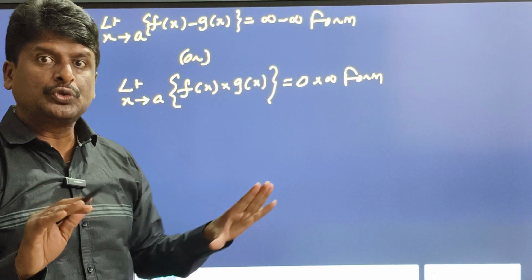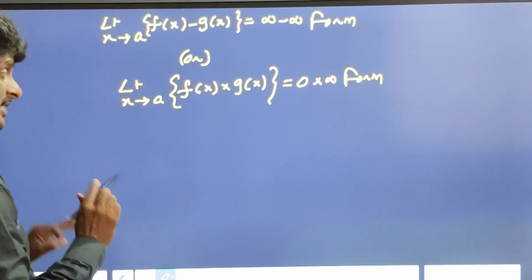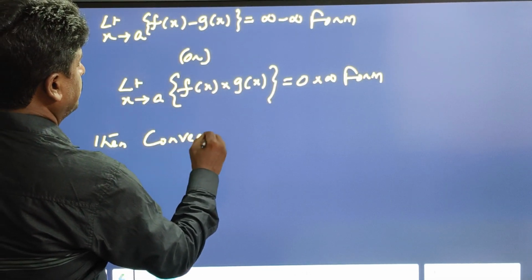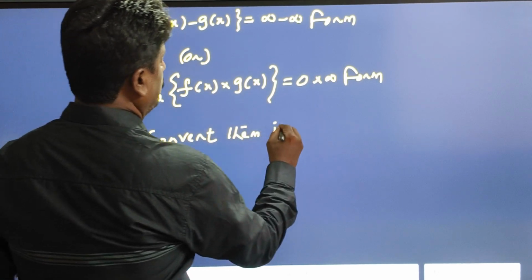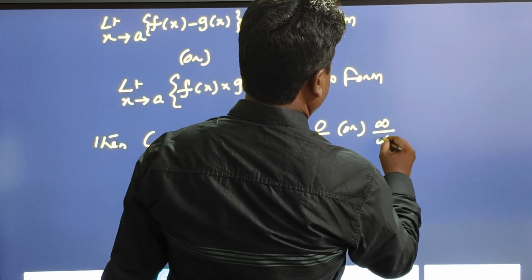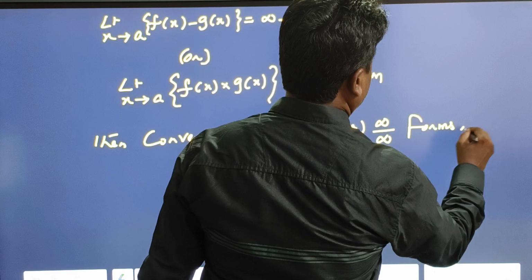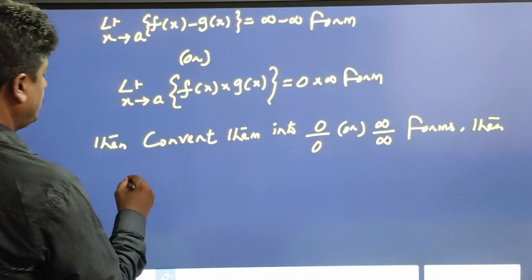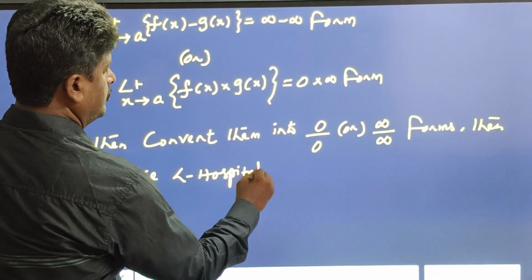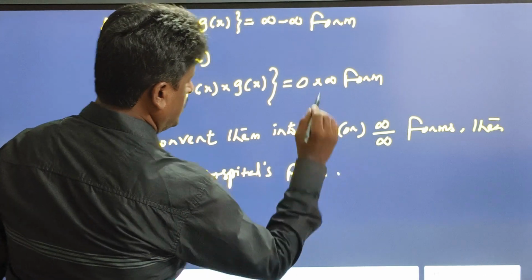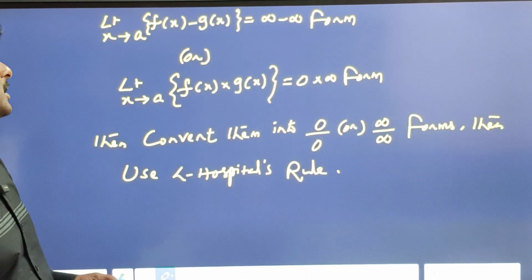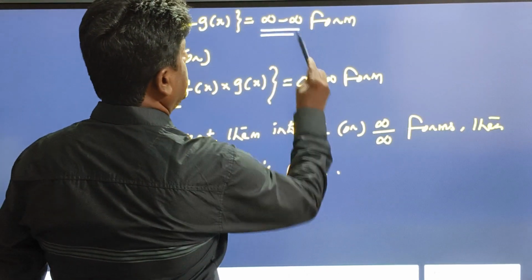So these are two more indeterminate forms. Then convert them into 0 by 0 or infinity by infinity forms. Then use L'Hospital's rule. We already know what L'Hospital rule is. Okay. So far, how many forms are completed?